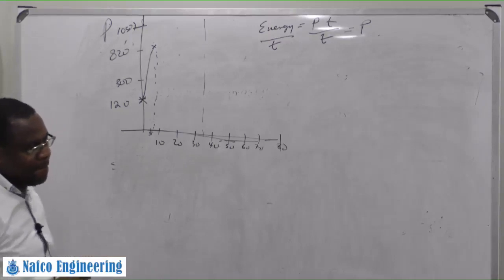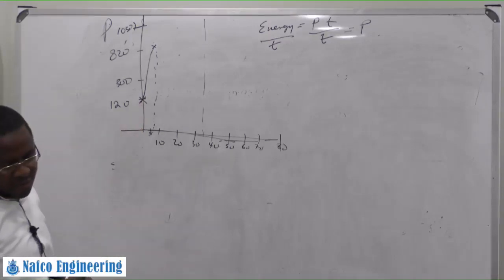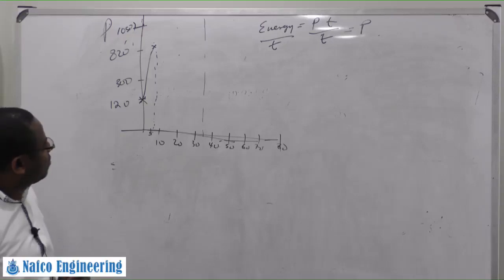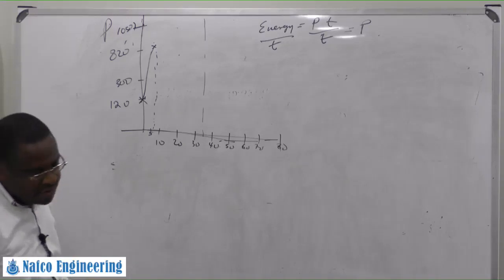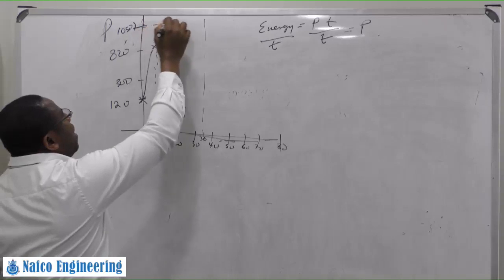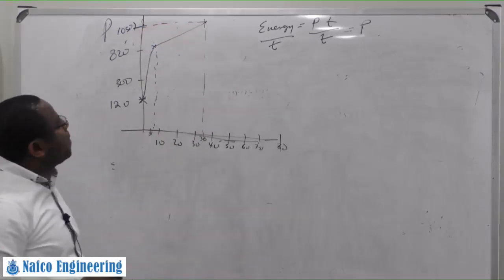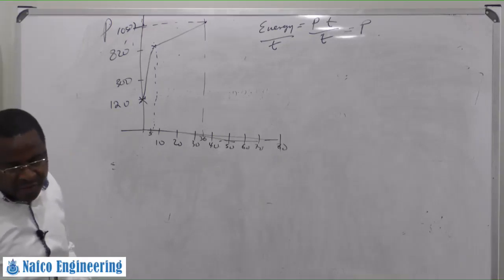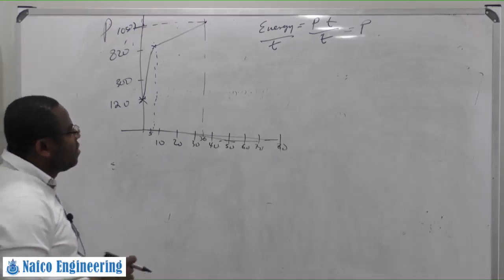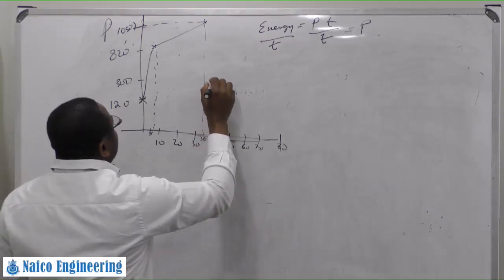So 36 is with that, and this can join there. And then 39 with 300.